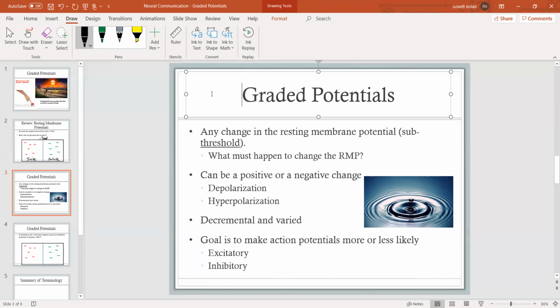And the goal of a graded potential is either to make action potentials more likely or less likely. If it makes an action potential more likely, we call that excitation, or a depolarizing graded potential. If we're making the action potential less likely, then it's inhibition, inhibitory, or a hyperpolarization.